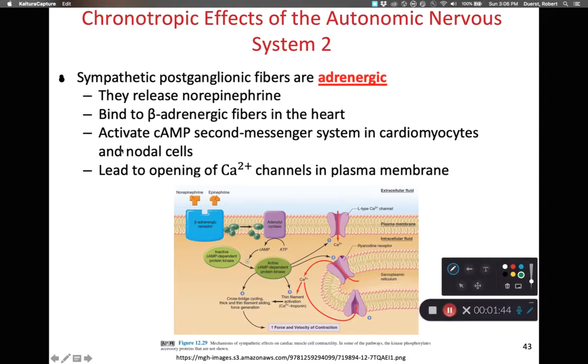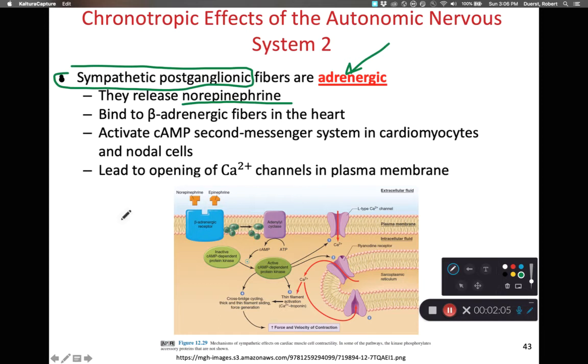As we look at our chronotropic effect of the autonomic nervous system, the sympathetic ganglion fibers, postganglionic fibers, are adrenergic, which is to say that they are going to respond to norepinephrine and epinephrine. They also are going to release norepinephrine.